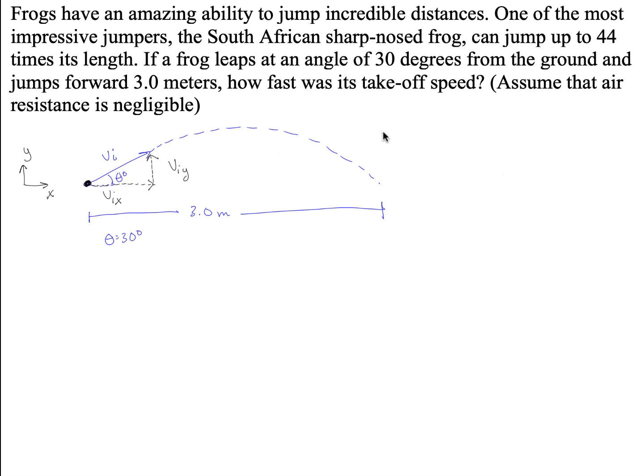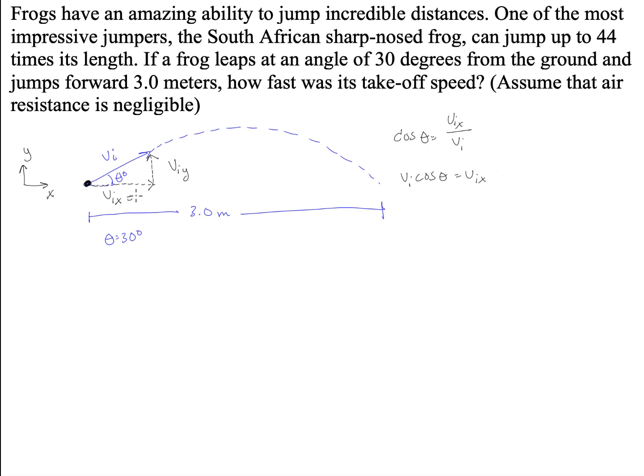So I know that cosine of theta is equal to the adjacent over the hypotenuse. So here, the adjacent side is V initial x, and the hypotenuse is Vi. So if I multiply Vi by both sides, I find that the V initial in the x direction is Vi times cosine theta.